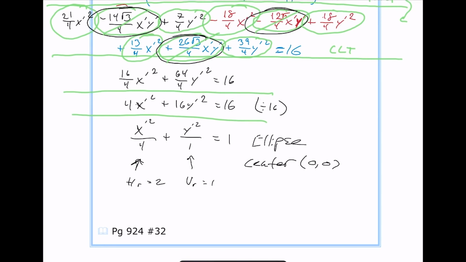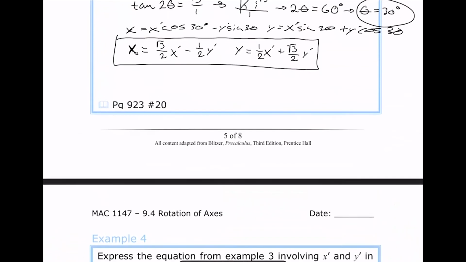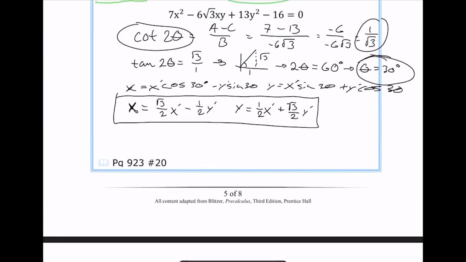And what was the amount of rotation? Way back here we had plugged in, way back. Our theta value was 30 degrees. There it is.